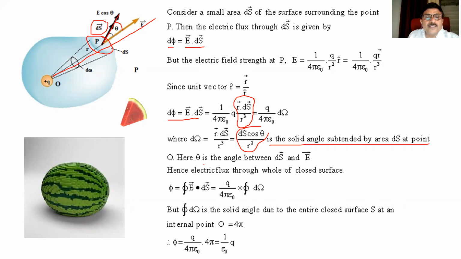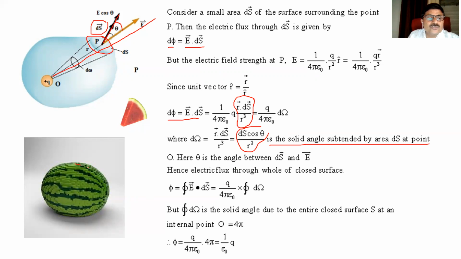That concept can be understood by taking a slice of the watermelon. This is the angle between these two edges, but it is a three-dimensional angle. So it is actually called the solid angle.